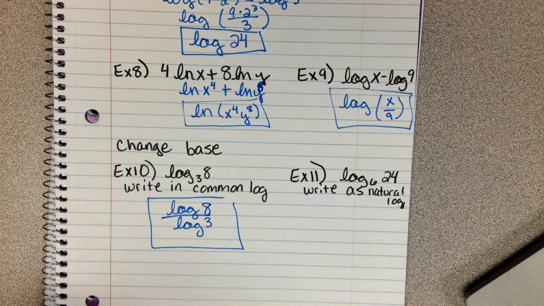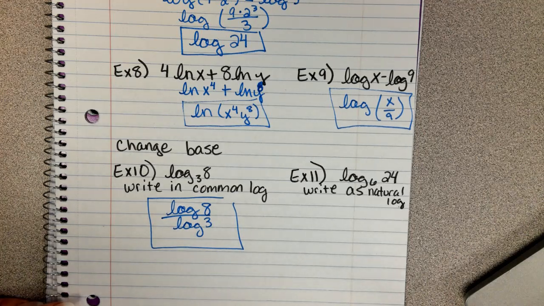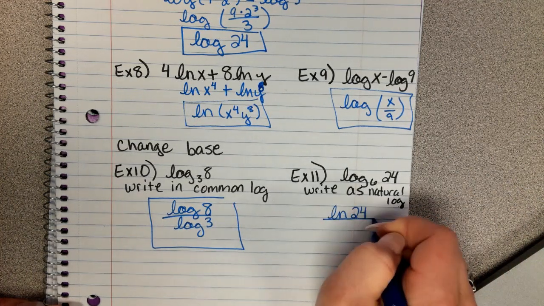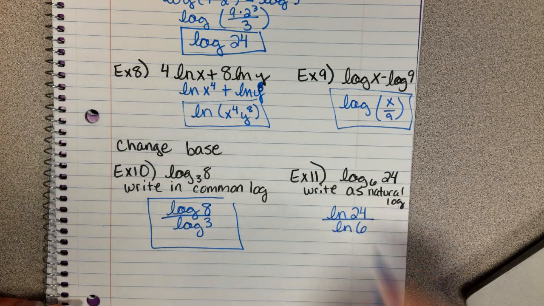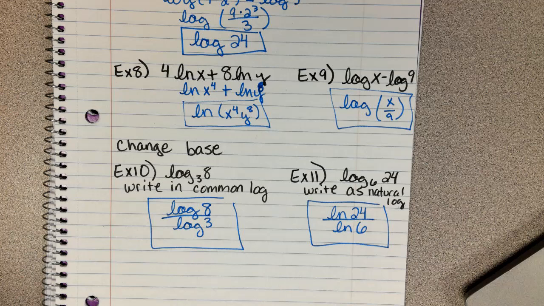If that were the case, and this happens a lot in real world situations, I can rewrite this as a natural log. So it would be the natural log of 24 divided by the natural log of the base, which is 6. And now I have logarithms written in natural log, and I can do my calculations now in natural log as opposed to log base 6. So that's how you do it.